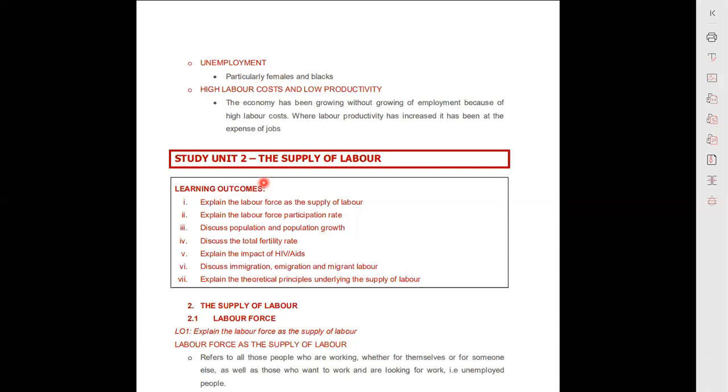He's struggling with drunkenness. That is low productivity. But he wants to earn 20,000 after every 25 days. Higher labor costs and low productivity. Okay, so that brings us to the end of chapter 1.